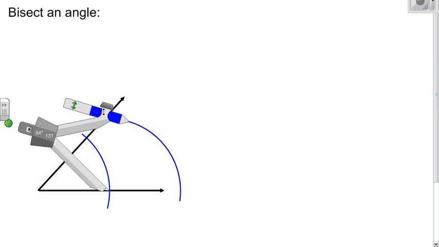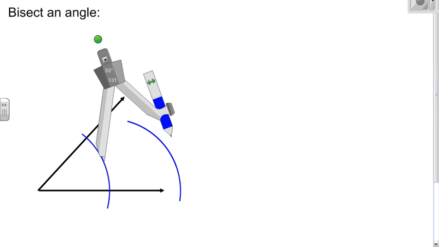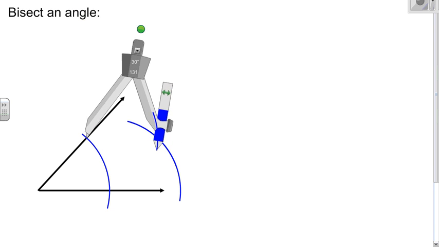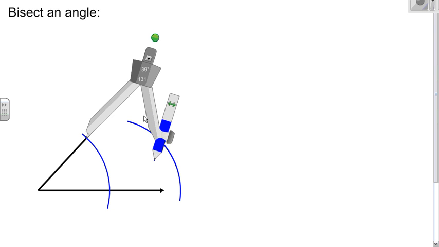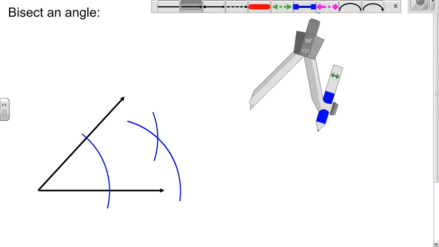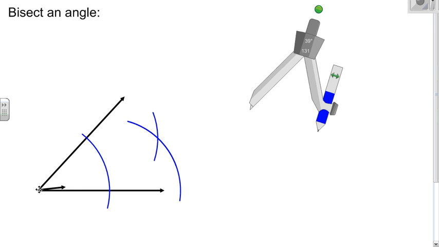Do the same thing from the other intersection. Draw a mark where those intersect. If you use your straight edge to draw a ray through the intersection, that is an angle bisector.